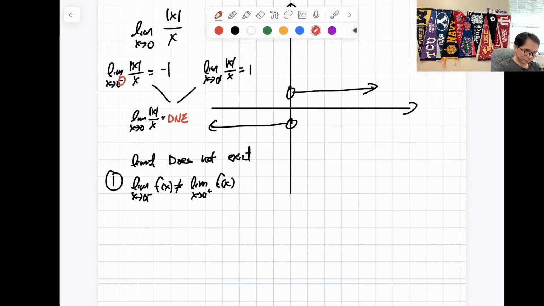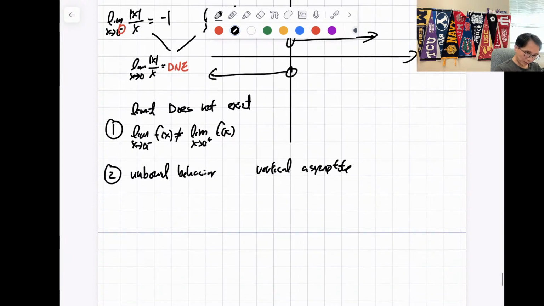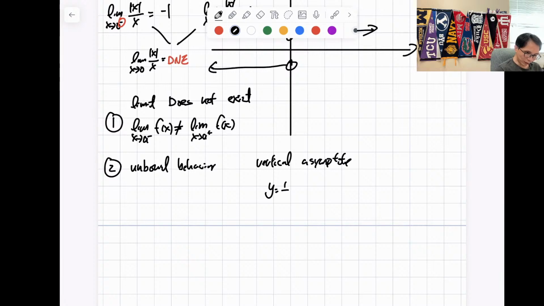The second reason is unbounded behavior, which is the vertical asymptote. If you have y equals 1 over x squared, it is a little bit different than the normal reciprocal.